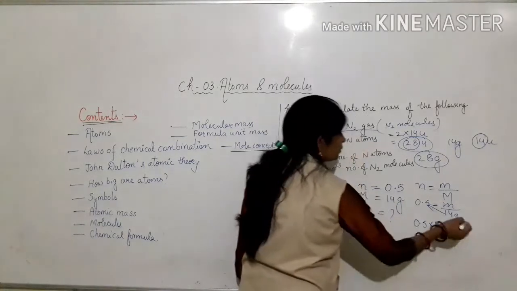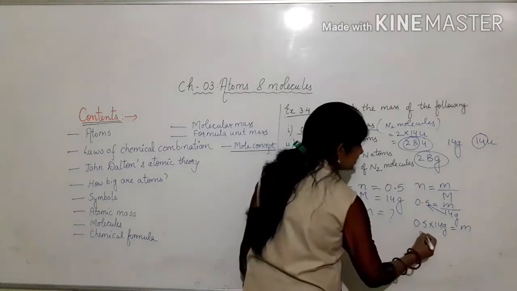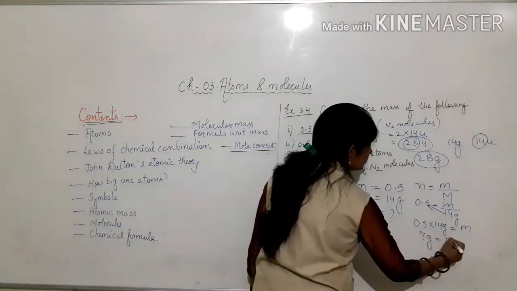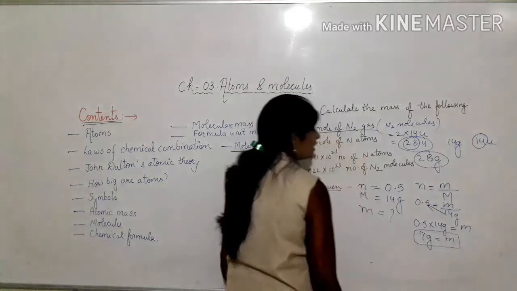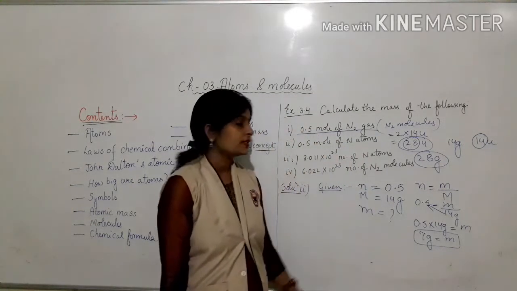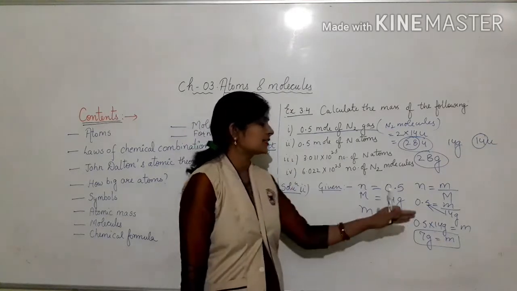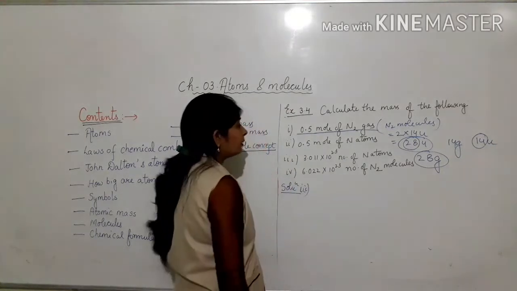So small m is equal to 0.5 into 14 gram, that is 7 gram. So the mass of 0.5 mole of nitrogen atoms is 7 gram.